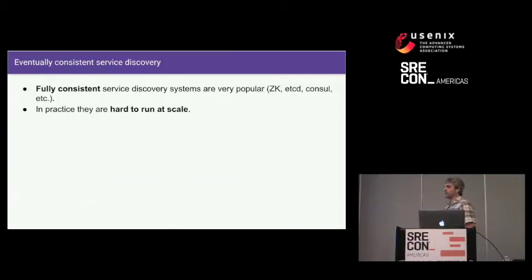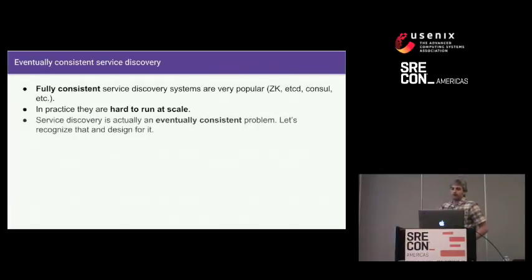Most of the companies I've worked with have a team that works on Zookeeper, a team that works on etcd, and these things tend to fail a lot and require a lot of care and feeding. One of the things we did when we started working on Envoy is we realized that service discovery is an eventually consistent problem.